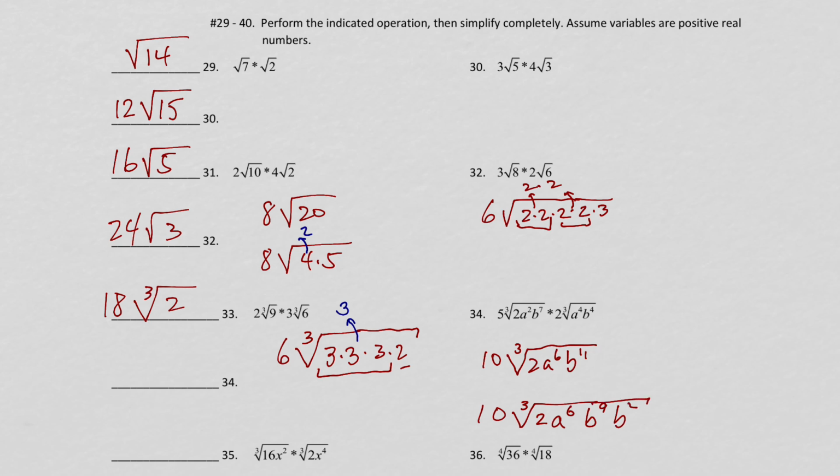And then I'll take this out and get a squared. I'll take this out and get b to the 9 divided by 3 is 3. So on the outside we have a 10 times that stuff times the cube root of what couldn't come out, the 2 and the b squared.